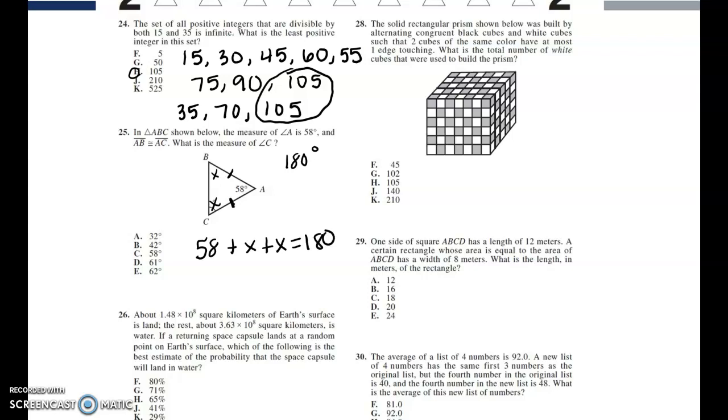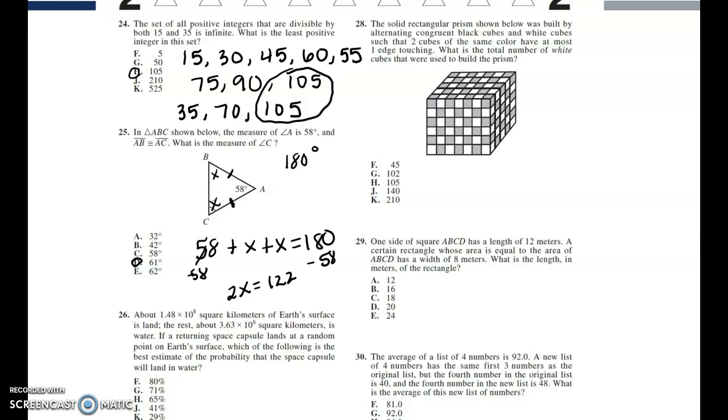Now we want to do 180 minus 58, right? So we're going to subtract 58 on both sides. So you get 2x equals 122 because x plus x is 2x. And then we want to divide 122 by 2. So each angle is going to be 61 degrees.